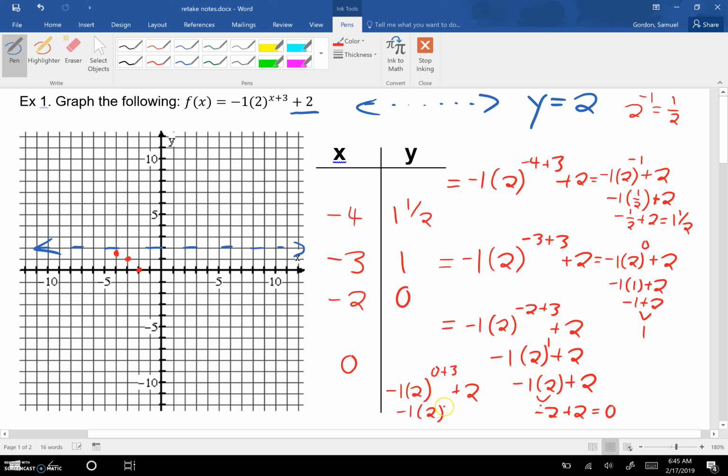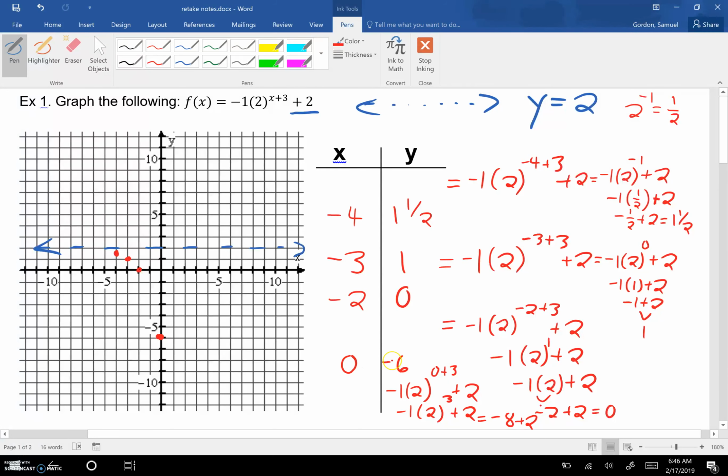So negative 1 times 2 to the third plus 2. 2 to the third is 8, and 8 times negative 1 is negative 8. Plus 2, that's negative 6. Whew. There's my y-intercept.